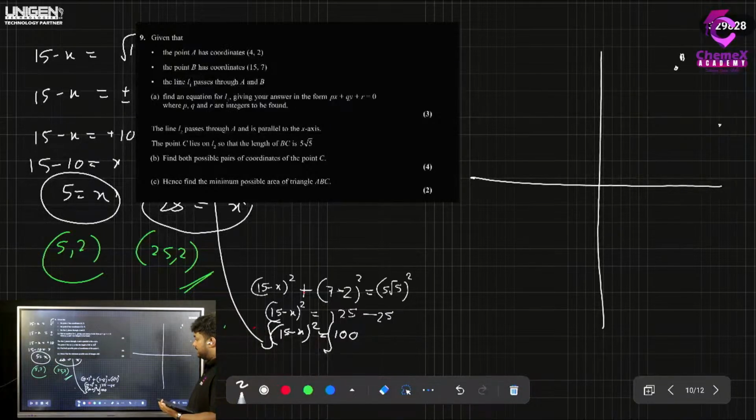So D A B C. So A is the point 4, 2. Okay, this is A, 4, 2. Then B is the point 15, 7.